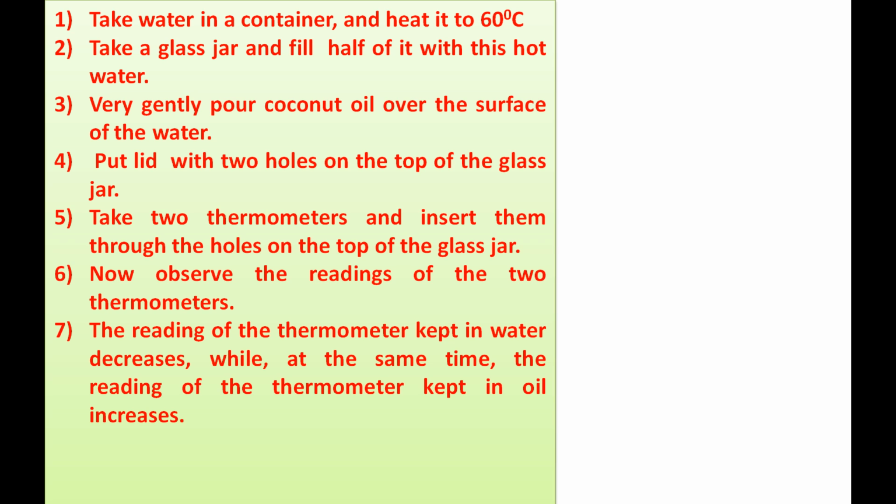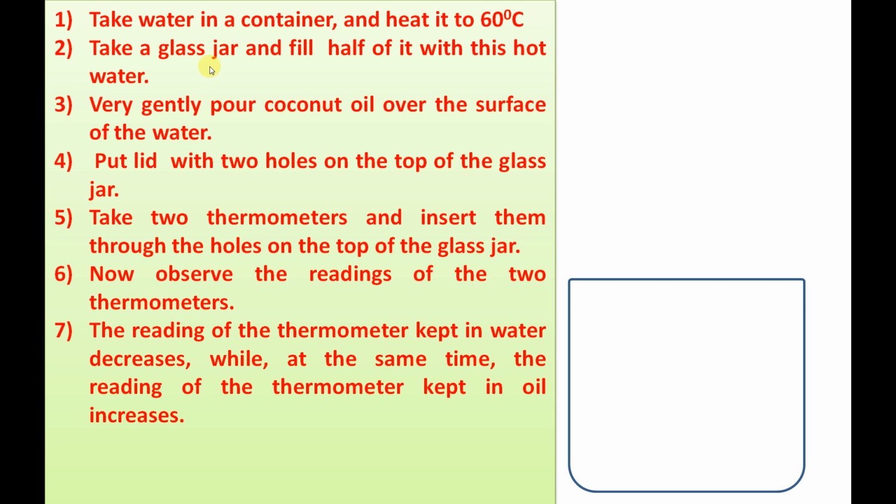You, as students, take water in a container and heat it to 60 degrees. So we take the 60 degree water and pour it in the glass jar. Fill half of the glass jar with this hot water.